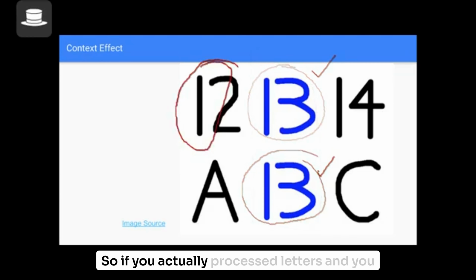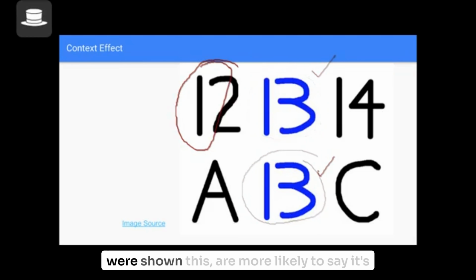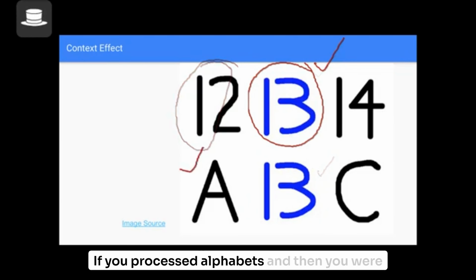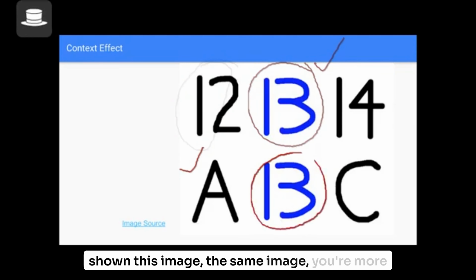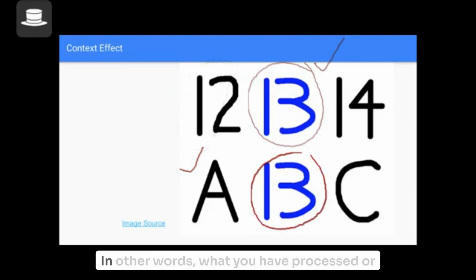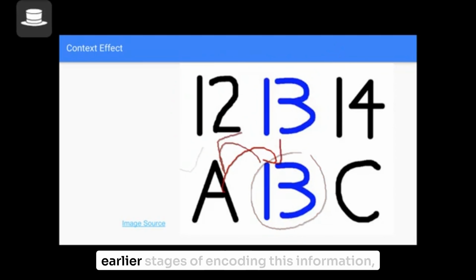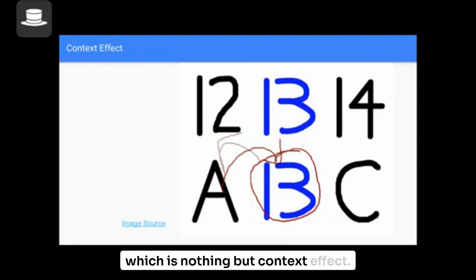So if you actually processed letters and you were shown this, you are more likely to say it's a number. If you processed alphabets and then you were shown this image, the same image, you're more likely to say it's B. In other words, what you have processed or responded to, the later stages, would influence your earlier stages of encoding this information, which is nothing but context effect.